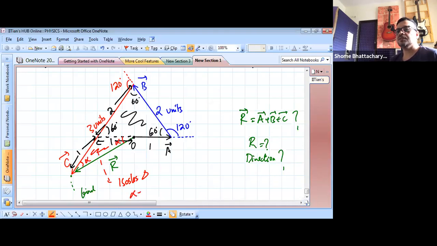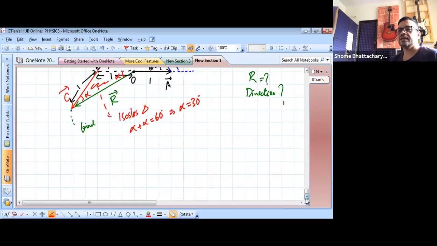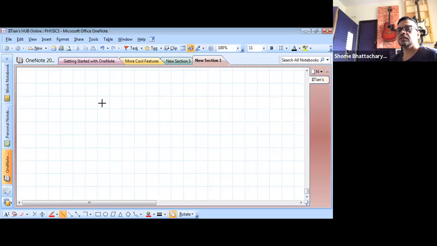So alpha plus alpha would be the exterior angle, which is 60. So alpha would be equal to 30 degrees. So we can use the property of isosceles triangle and solve this. That isosceles triangle which I've drawn above, I'm drawing again over here. Something like this.